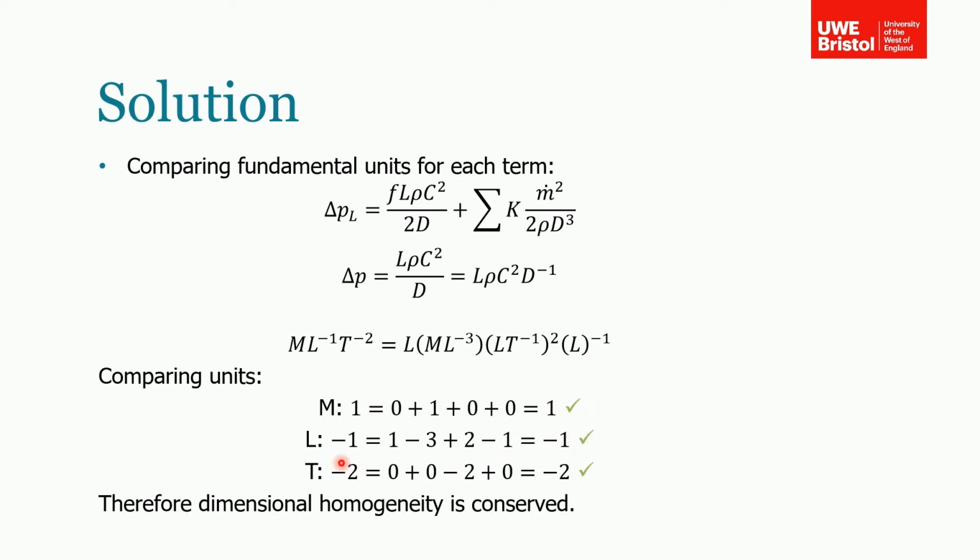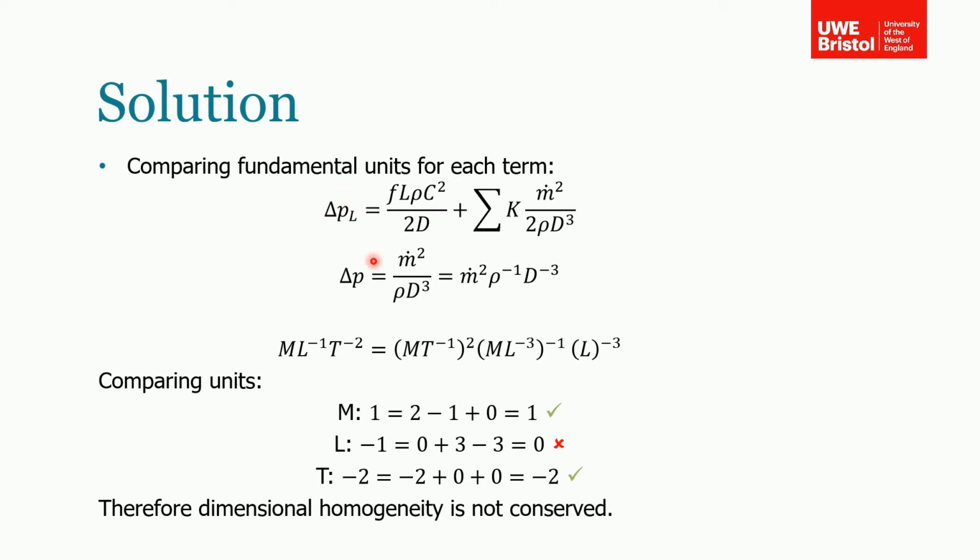Tick. And we do the same thing for time. We have -2 on this side, and we don't have time in anything but the third term, where it's -1 squared, so -2. Therefore -2 is equal to -2. So dimensional homogeneity is conserved when comparing the first term to the second term. Now we just need to do it for the third term as well.